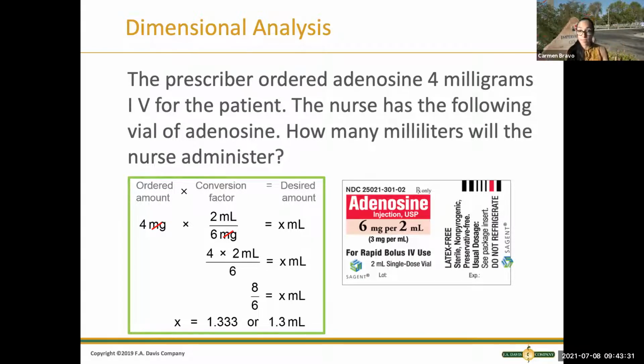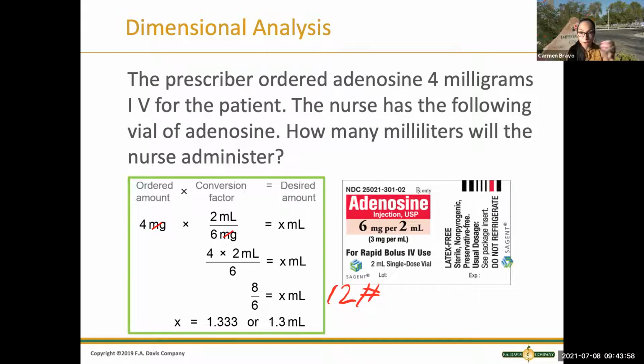The setup is the same as we learned with the oral. Like I had mentioned before, sometimes it starts getting a little bit more complicated because then we start adding the patient's weight, like 12 pounds, and you have to give a medication that's like 2 milligrams per kilogram.